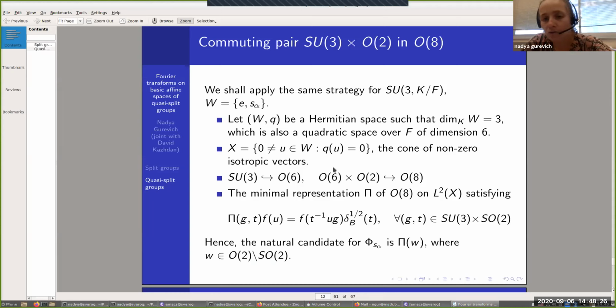So if you want to look for the unitary involution which commutes at least with the group SU3 and anti-commutes with this one-dimensional multiplicative group, we had better take an element inside O2 which is an involution and is not contained in SO2. In this sense, this is a construction quite similar to the previous one.